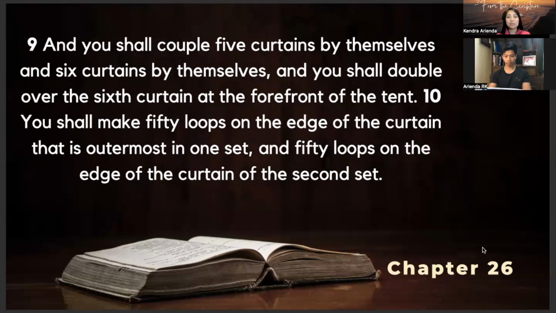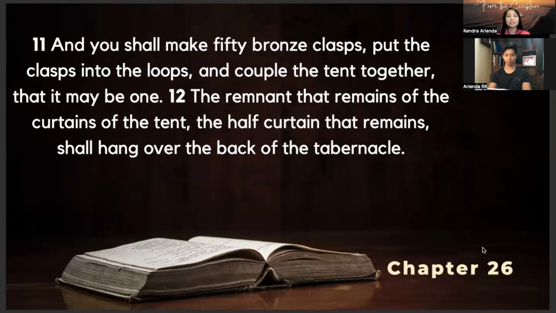You shall make 50 loops on the edge of the curtain that is outermost in one set, and 50 loops on the edge of the curtain of the second set. And you shall make 50 bronze clasps to put the clasps into the loops and couple the tent together, that it may be one. The remnant that remains of the curtains of the tent, the half curtain that remains, shall hang over the back of the tabernacle.